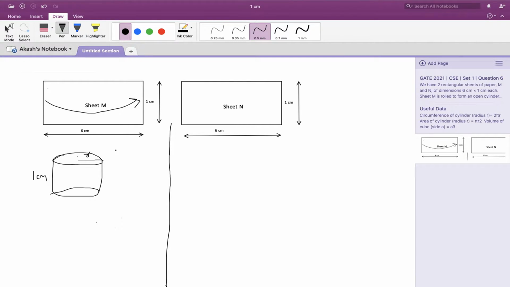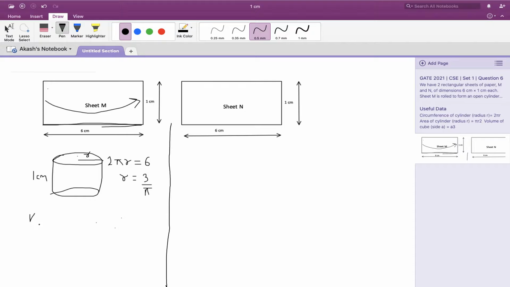To calculate the radius of the cylinder, we know that the circumference of the cylinder that is formed by rolling the shorter side of the sheet together will be equal to the longer side of the sheet. That is, 2 pi r would be equal to 6 centimeter, which would give us radius as 3 upon pi.